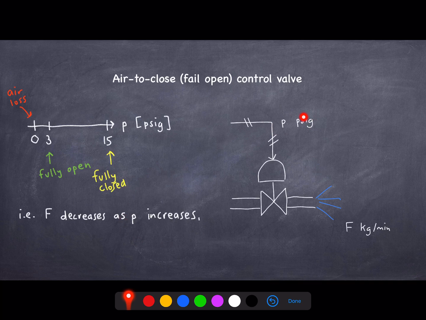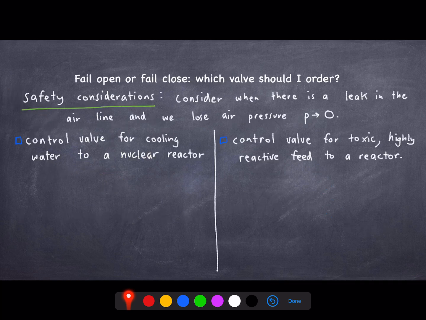Air to close control valves are also called fail open valves because if you lose air, then the valve will be open by default. So you might wonder, which one do you order then for your process? And the answer depends on the situation. It usually comes down to a safety consideration.